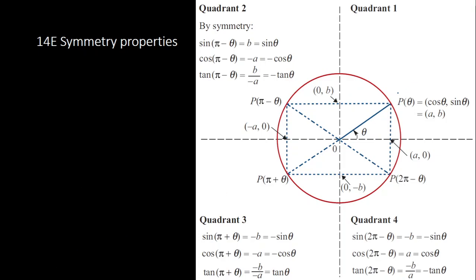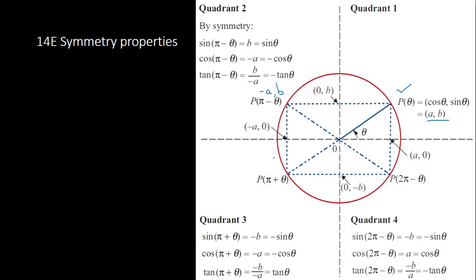So point P in quadrant 1, where we draw that right angle, has the coordinates cos theta, sine theta, and we're going to bring that back to the coordinates A, B. If we do a symmetry from the y-axis, we get the opposite of A. That point has coordinates, not annotated here, negative A, B. So all we did is with the x coordinate A, we put a negative.